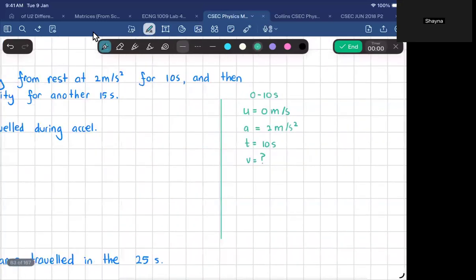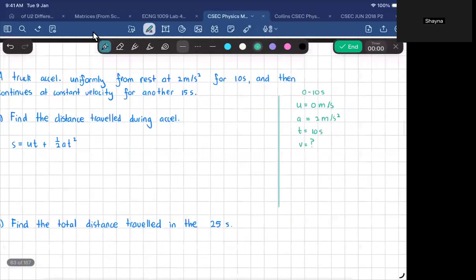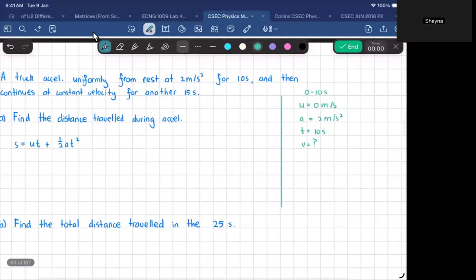Okay, let's move on to the other time period. So the other time period we're going to look at would be from where? They said it continues at a constant velocity for another 15 seconds. So this was from 0 to 10 seconds.